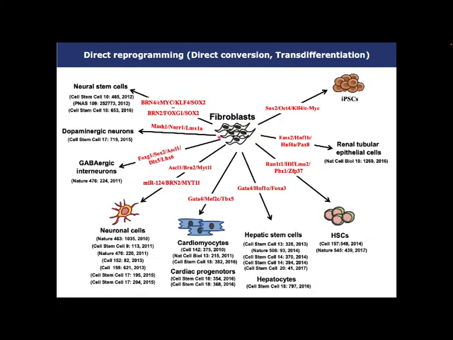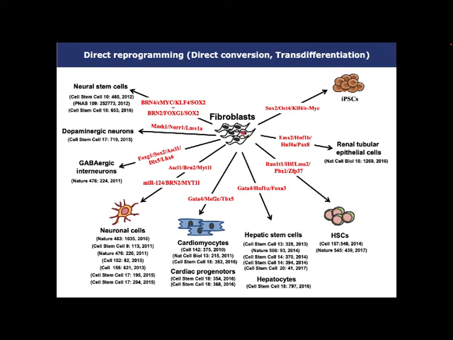And direct conversion, direct reprogramming, facilitates the conversion of cells from fibroblasts toward various lineages, such as neural stem cells with various factors, dopaminergic neurons, GABAergic interneurons, neuronal cells, cardiomyocytes, hepatic stem cells, hepatocytes, hematopoietic stem cells, or renal tubular epithelial cells.